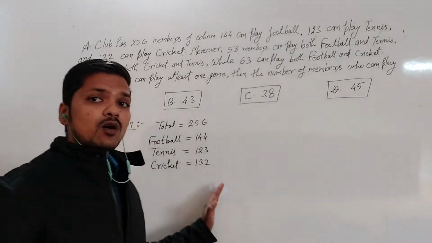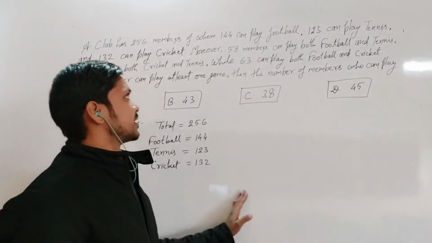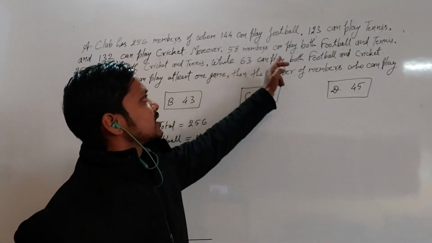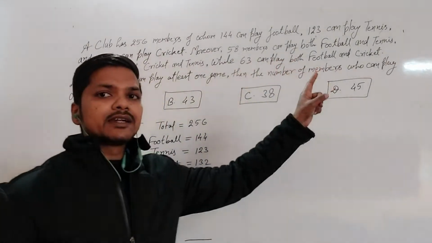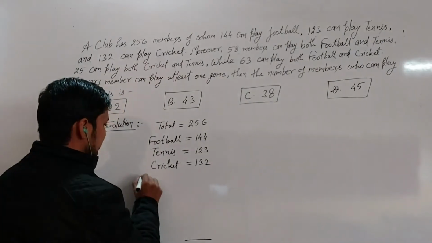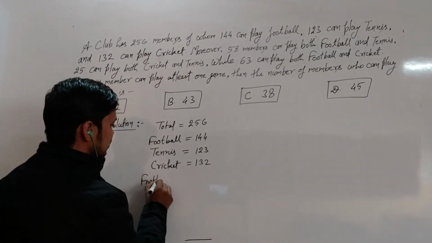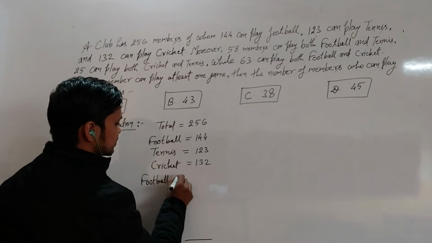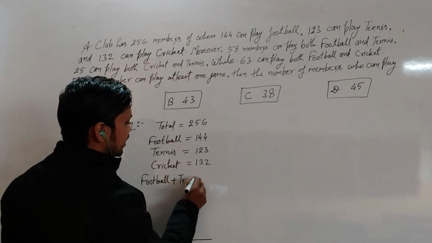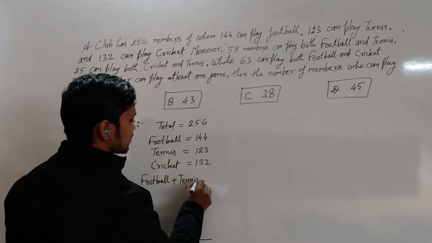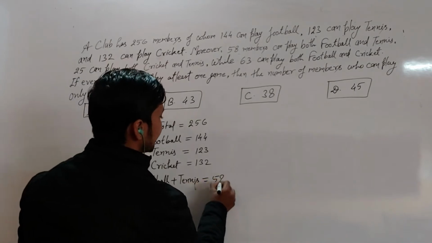And now as per the question, 58 members can play both football and tennis. So I am writing here football plus tennis, these are 58 members.